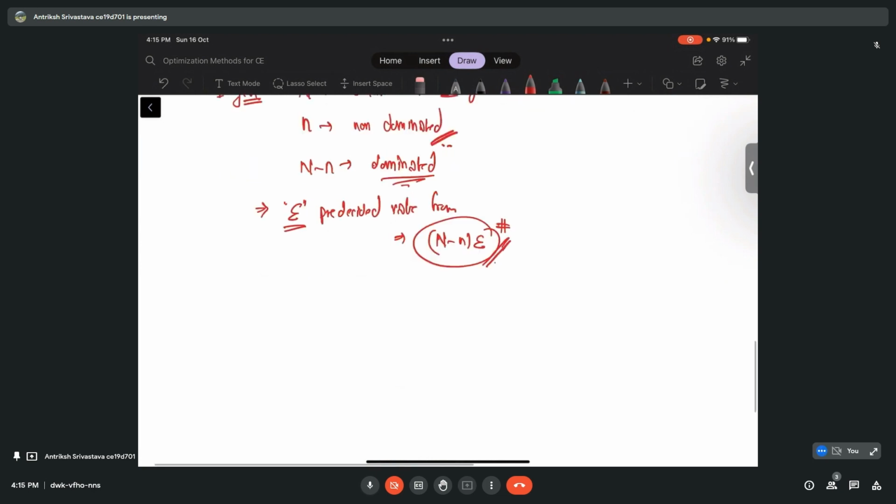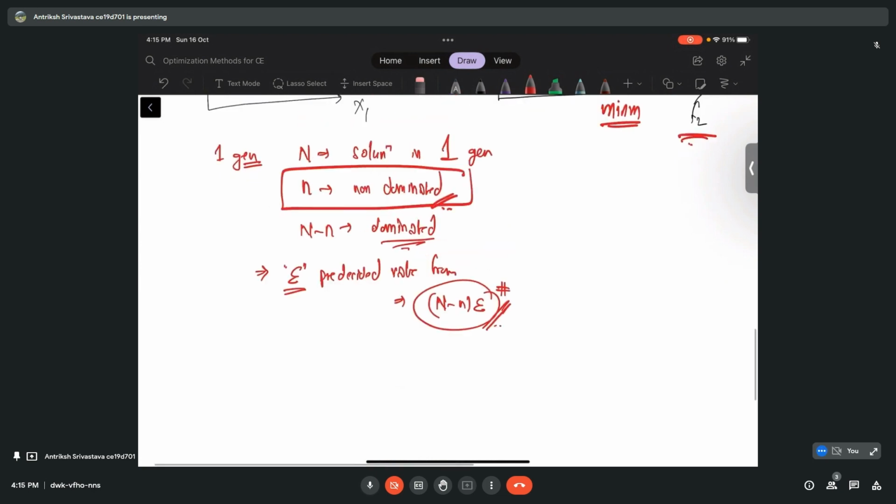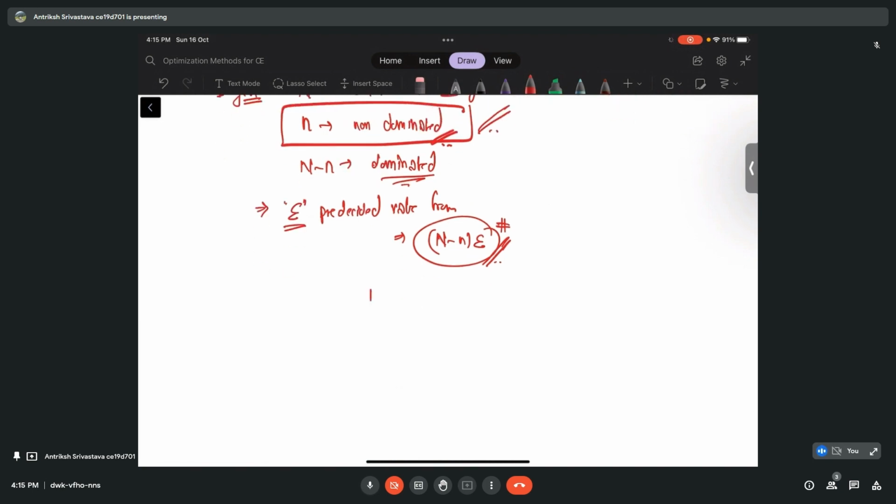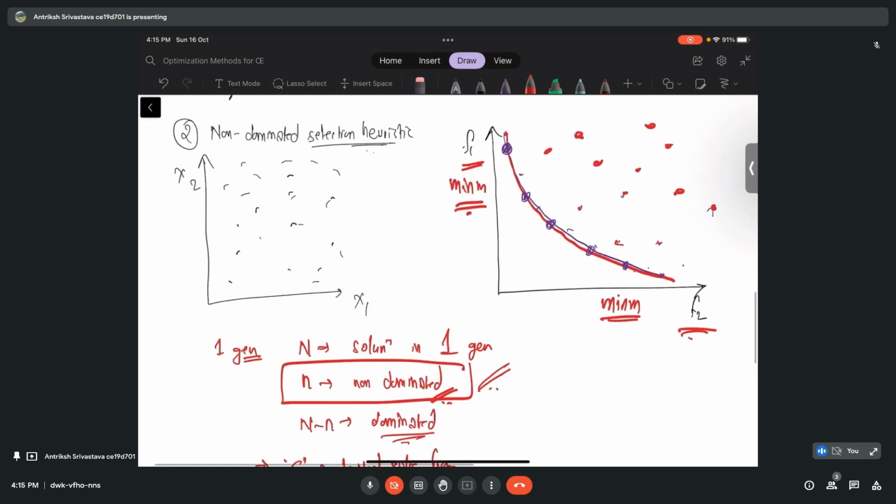Then we distribute this equally among the non-dominated solutions, by dividing by the number of non-dominated solutions, and adding it to the fitness of each non-dominated solution. So we are artificially increasing the chances of the points on the Pareto optimal front to get selected, and in the final solution we will have a front which is the Pareto optimal front, and that's the solution we want.